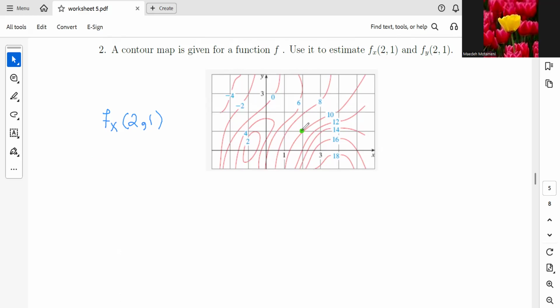So if we go before, that would be this point here. And this point is approximately, let's say, 1.2 and 1. And f of this point is 8 because it's located on this line here.